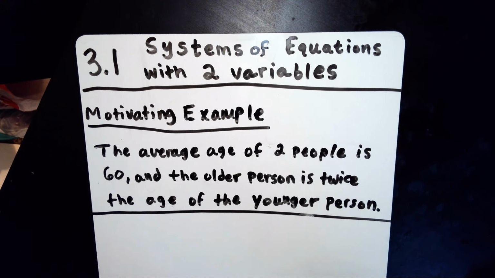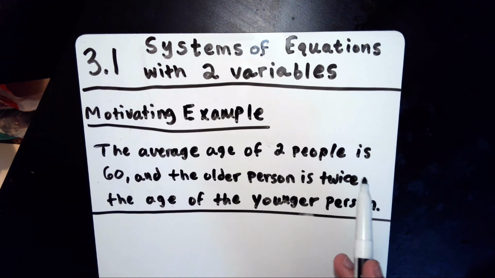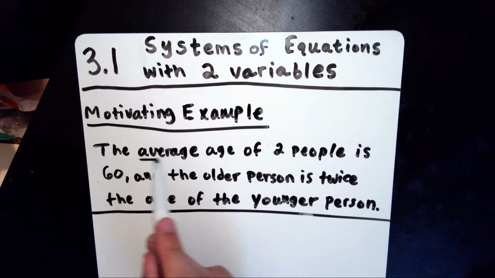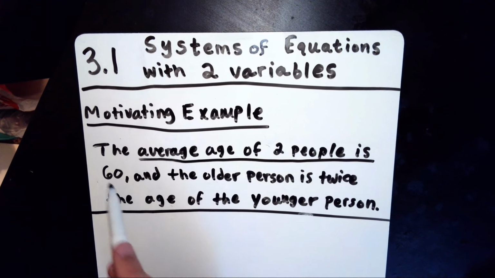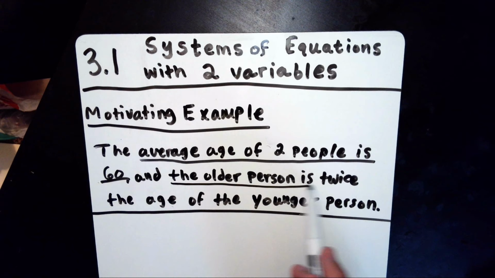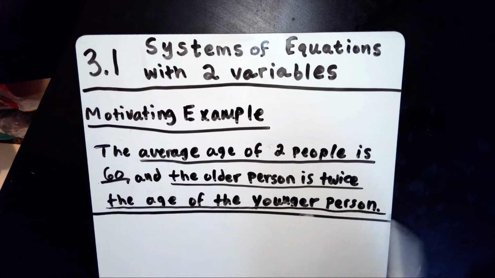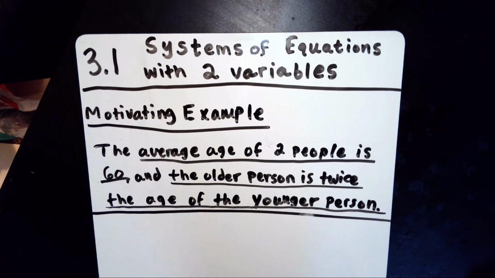Let's suppose we know that the average age of two people is 60, and the older person is twice the age of the younger person. So we have an older person and a younger person, right?